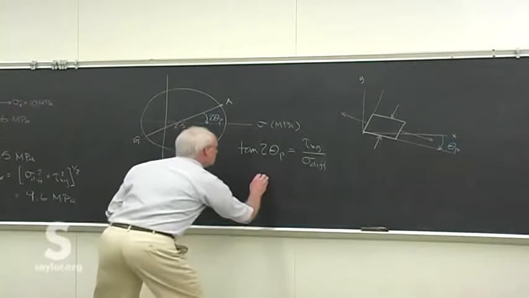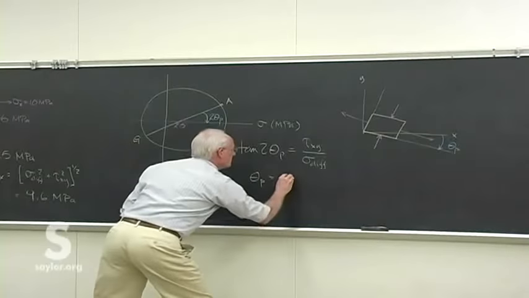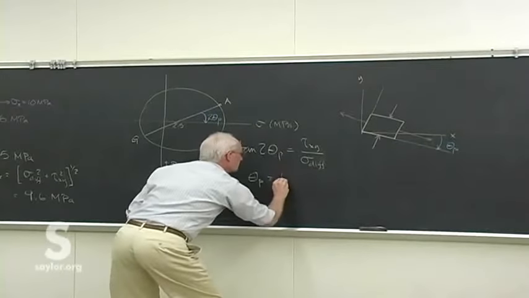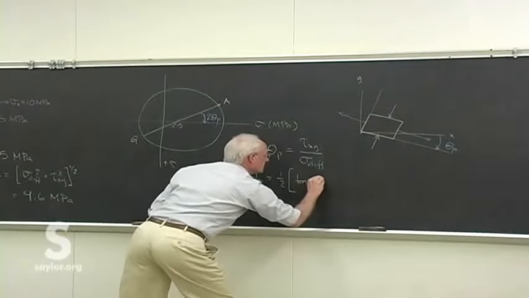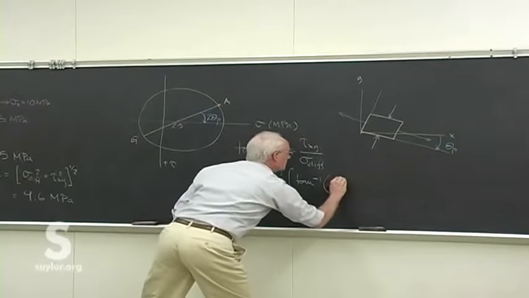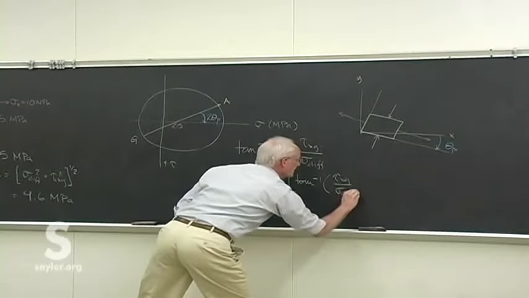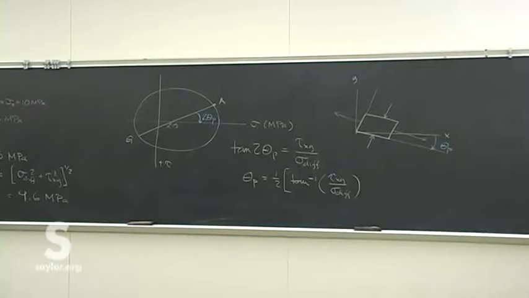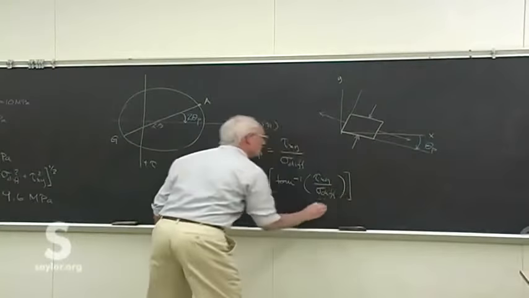So for our problem, we can figure out what it is then. The principal planes, that's what these are called, is 1/2 the arctangent of tau xy over sigma diff. And we've got both those numbers, which is why it's convenient to calculate sigma diff and sigma average ahead of time, because you're going to use them several times.